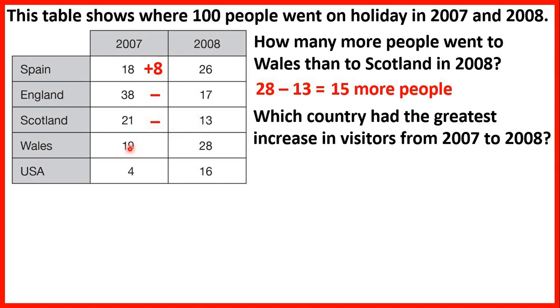For Wales, we have 19 and 28, so that's an increase of 9, because 19 plus 9 is 28. And for the USA, we have an increase of 12, because 4 plus 12 is 16. So that means the USA had the greatest increase in visitors from 2007 to 2008, because the number increased by 12.